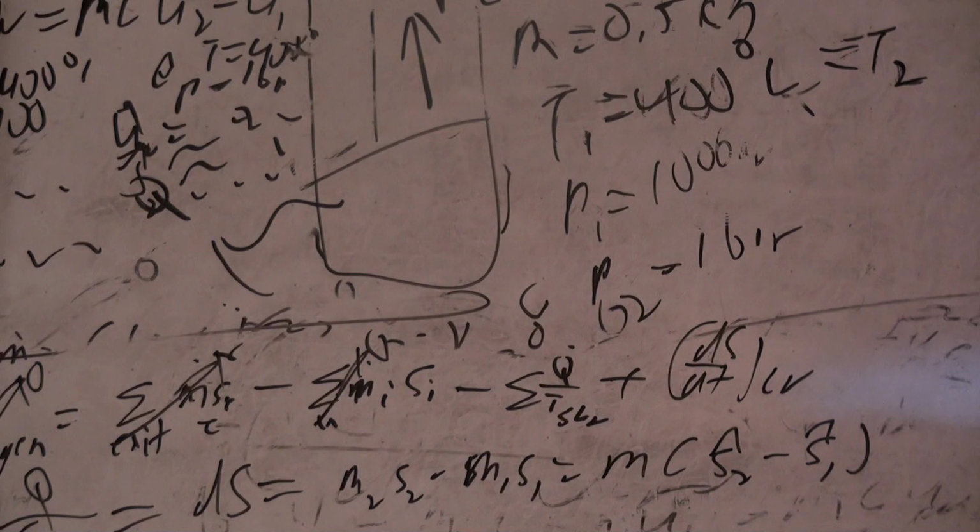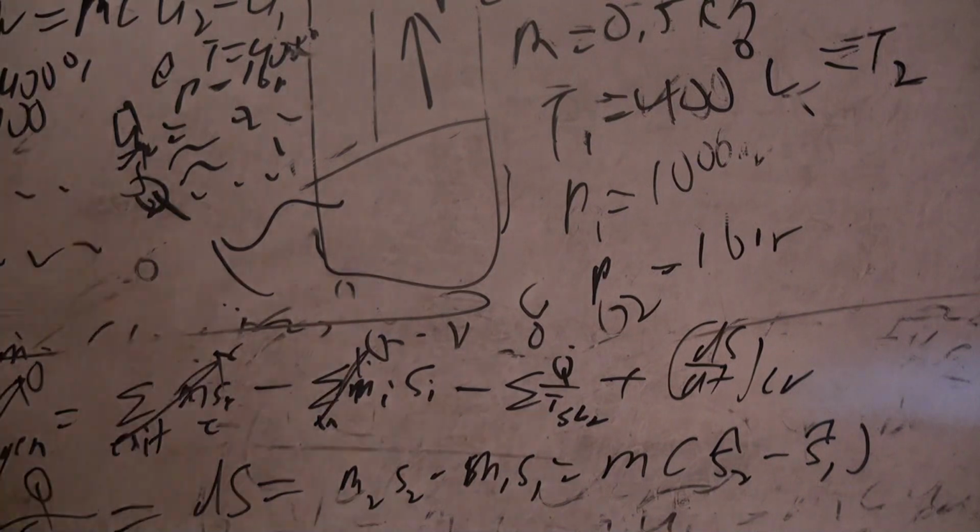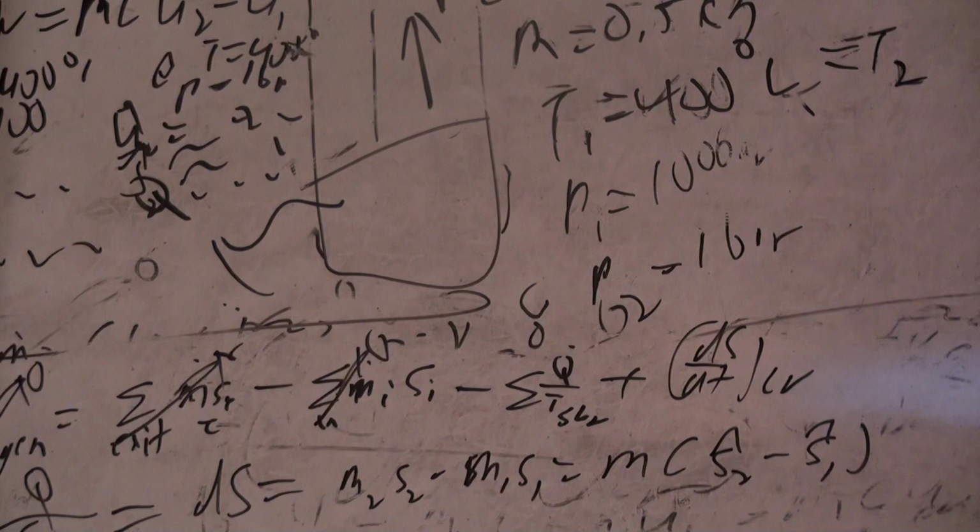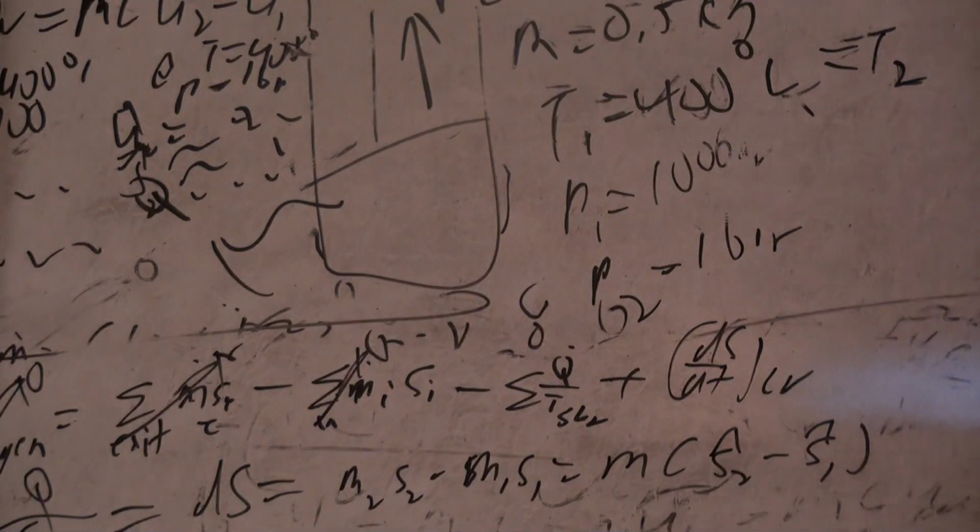Really the thing that sets this problem apart from what we've been doing with energy balance analysis is that quote-unquote maximum work possible. With everything the same, what's the maximum work?